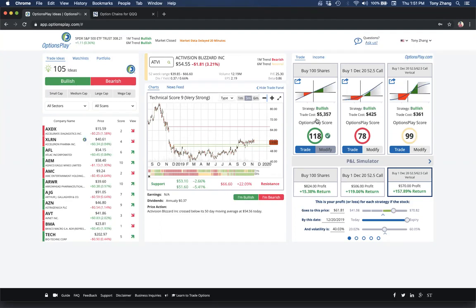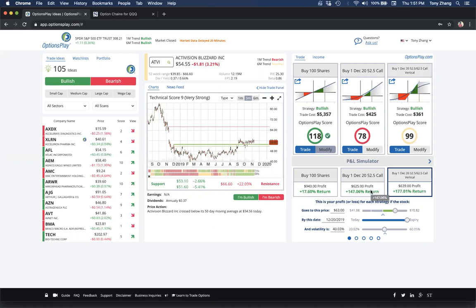But not sure when that move is going to happen. So this actually might be a case where you're better off buying the stock and waiting it out. But let's say you want to buy that call option because you think maybe Christmas is going to be a catalyst. $5,300 to buy a stock, $425 to buy the call, $361 to buy the call spread. If you do get that big move back up to that $63 vacuum level, 17% return on the stock.